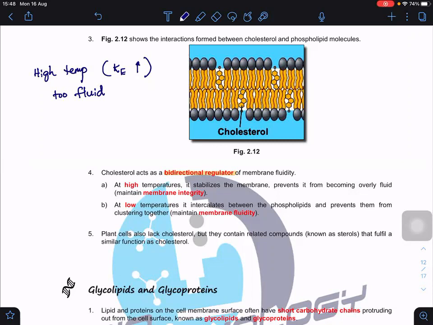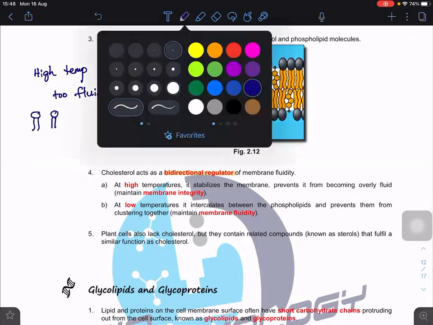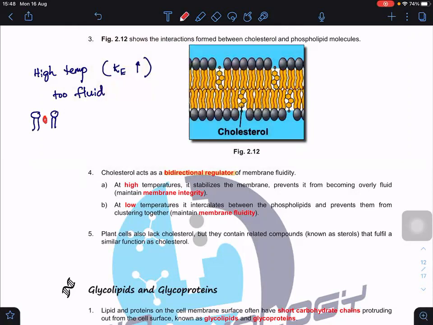Are you clear? So what will happen here is, between the phospholipid molecules, you have something to interact with, something to tie them together, so they won't be able to break apart. So the membrane integrity can be maintained. And this only happens at high temperature, which indicates that kinetic energy is high.